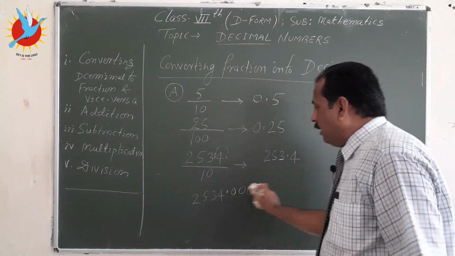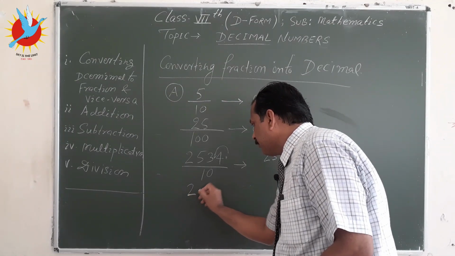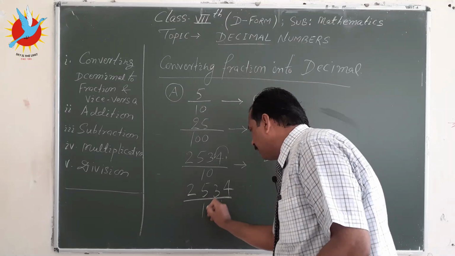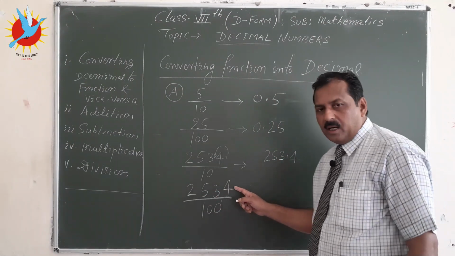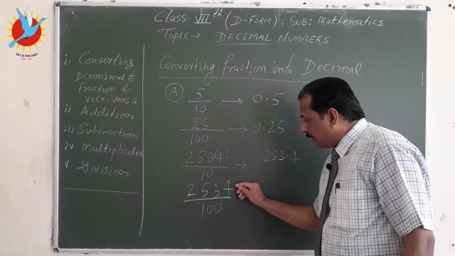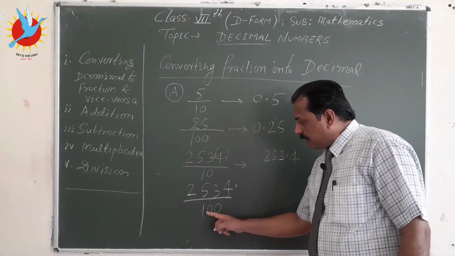Let me take another example, 2534 divided by 100. So see, again this is a whole number, so the decimal point can be imagined here. How many zeros in the denominator? 1 and 2.